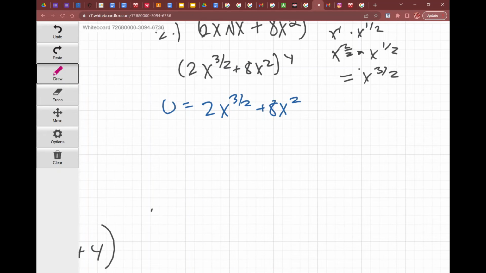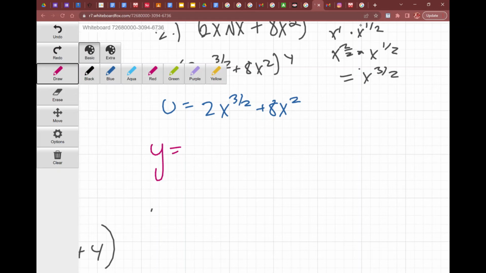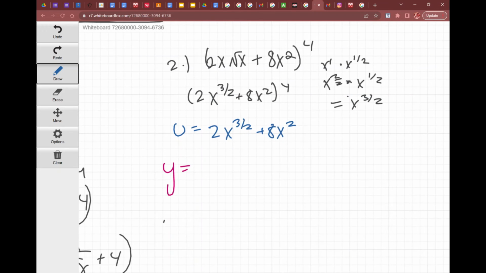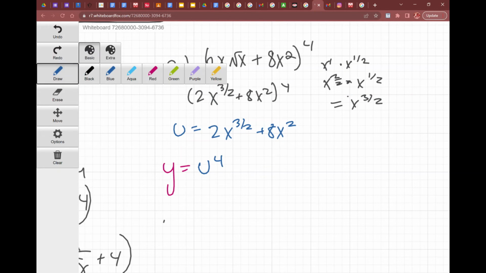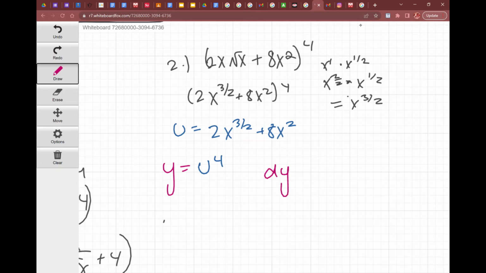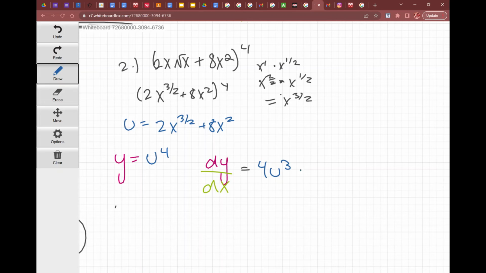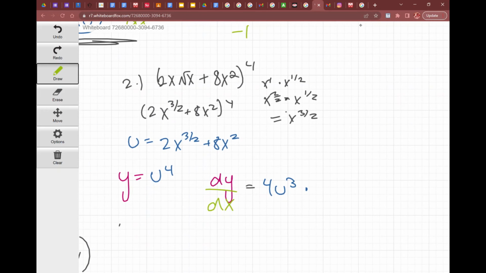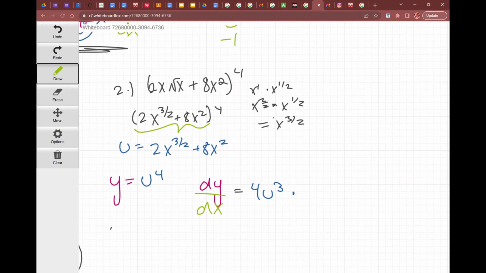Right? And so then, y is going to be equal to, since it's to the power of 4, u to the power of 4. So then, dy over dx is equivalent to 4u cubed by power rule multiplied by the derivative of my u, which is this thing right here. So let's take the derivative of that.